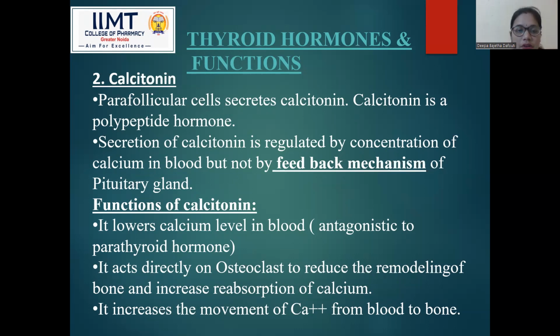The function of calcitonin is that it lowers the calcium level in the blood, antagonistic to the parathyroid hormone. It acts directly on osteoclasts to reduce the remodeling of bone and increase reabsorption of calcium. It increases the movement of calcium ions from the blood to bone.